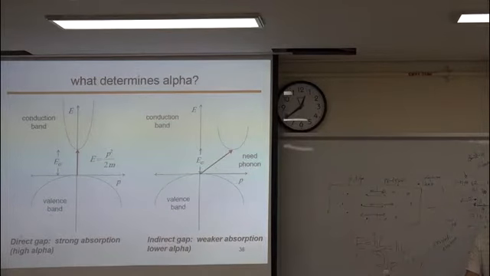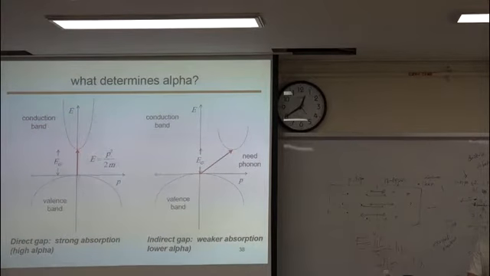A direct band gap is the band gap at the same momentum, so the energy band gap can be measured at the same momentum, which is this. But an indirect band gap is defined by the band gap measured at different momentum, which is this.